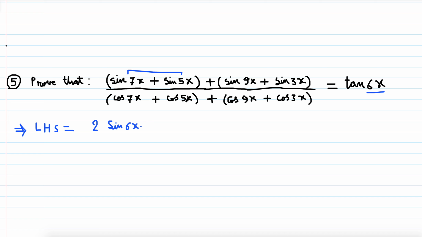So sine 6x and cos of 7 minus 5 by 2, which is 2 by 2, is 1, plus 2 times sine of 9 plus 3 by 2, which is 6, sine 6x, and cos of 9 minus 3 by 2, which is 6 by 2, so 3x.